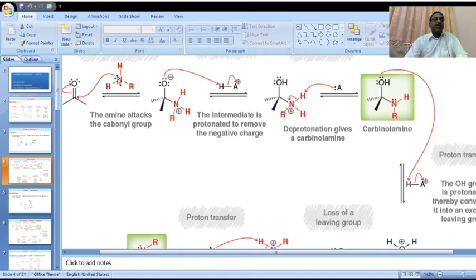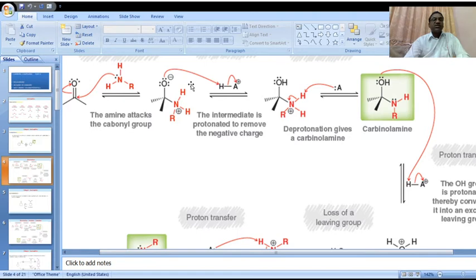The pair of electrons of the primary amine attacks the carbonyl carbon. Here, the pi bond between C double bond O cleaves, and the oxygen atom gets a negative charge. This particular tetrahedral intermediate is obtained.